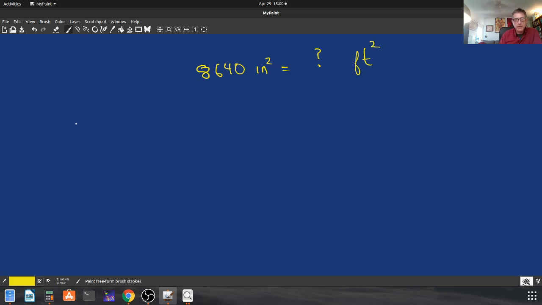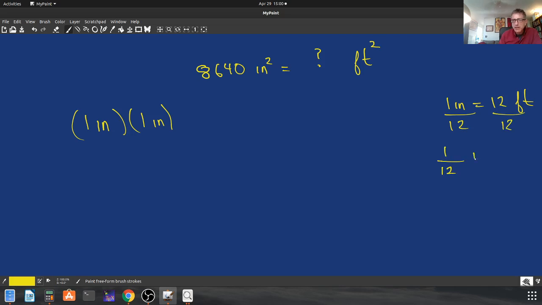Well, remember, inches squared is 1 inch times 1 inch. And we know that 1 foot is equal to 12 inches. So if I divide both sides by 12, I get 1/12 of a foot is equal to 1 inch.